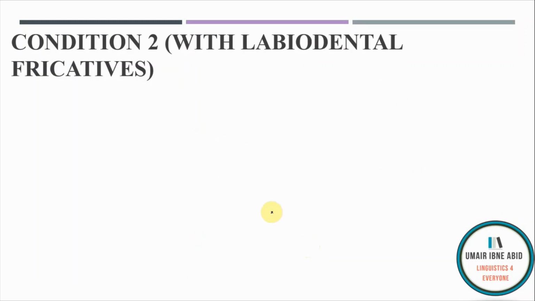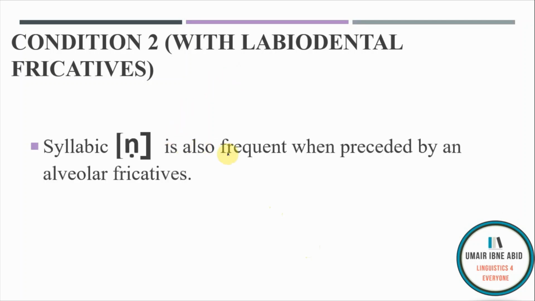Now condition 2. Condition 2 is that n would become syllabic with a labiodental fricative. So syllabic n is also frequent when preceded by an alveolar fricative.